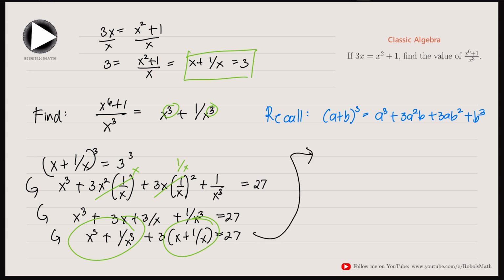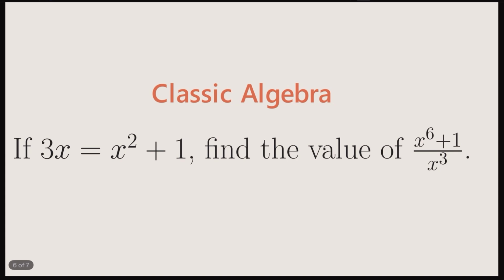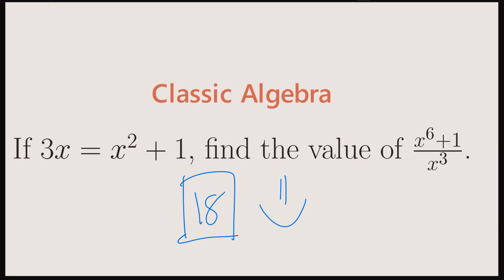So this one becomes x cubed plus 1 over x cubed plus 3 times 3, and the right side is still 27. So we solve this. We have 27 minus 3 times 3 on the right side, which is 27 minus 9, or 18. So the answer for the problem that we are trying to answer is 18, and that's our final answer.